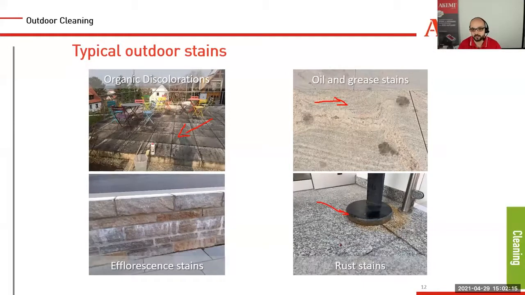Some stones contain metal inclusions, and in combination with humidity they might start to rust, and then you get these rust stains. Salt efflorescence stains, as you can see here, are also typical, and we have solutions for these problems, for how to clean these stains.